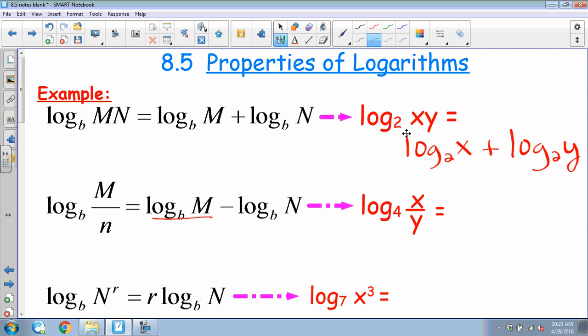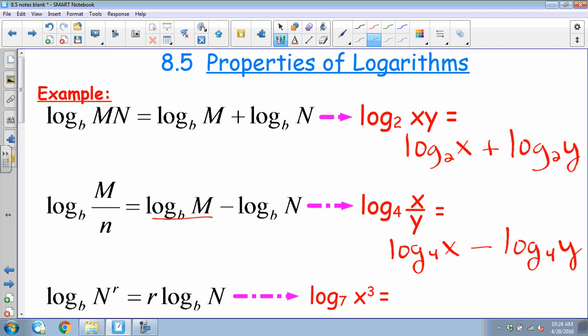For example, log base 4 of x divided by y can be expanded to log base 4 of x minus log base 4 of y. So division expands to subtraction. Subtraction condenses to division.